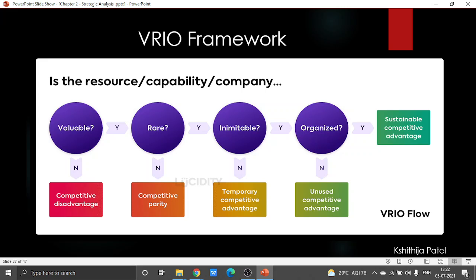And whenever the organization's resources are not organized, it simply represents that there are a lot of competitive advantages which have not been used by the organization.